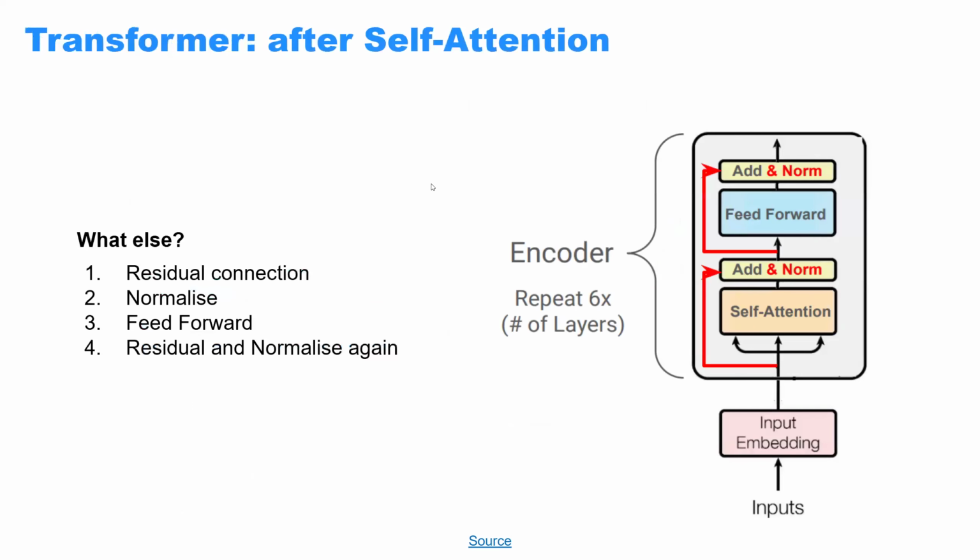What else do we have in the transformer? It is the residual connection. We just add the input to the result of our self-attention, which helps to train deeper and better models.